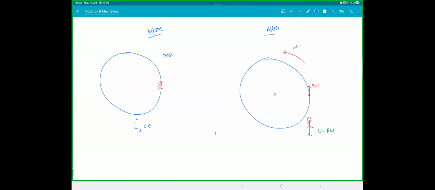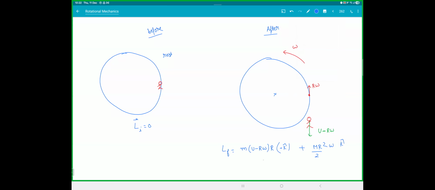So your L final must be, for the man's angular momentum, m into u minus r omega into r, in the minus k cap direction. And for the disk, it will be MR square by 2 omega.